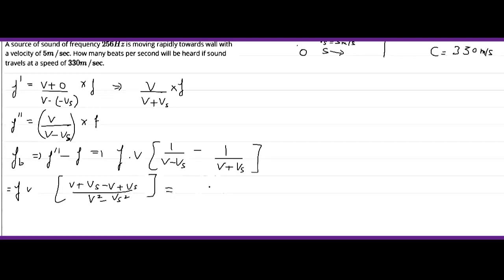Further, after solving, we will remain with fv times 2vs upon v square minus vs square.